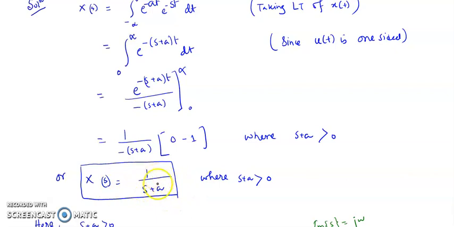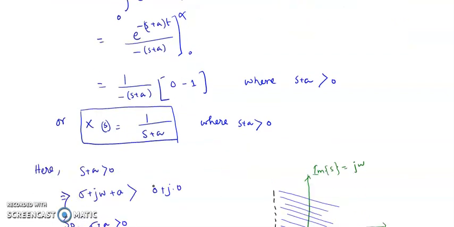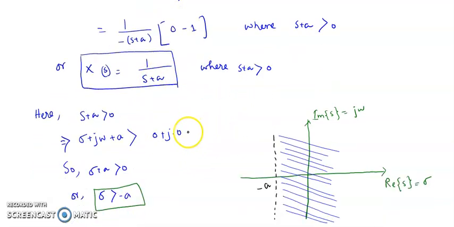For stability, we can say that s plus a should be non-zero and positive. Since the magnitude should be greater than or equal to 0, if you put s equal to sigma plus j omega, then we can write sigma plus j omega plus a greater than 0, or 0 plus j0.